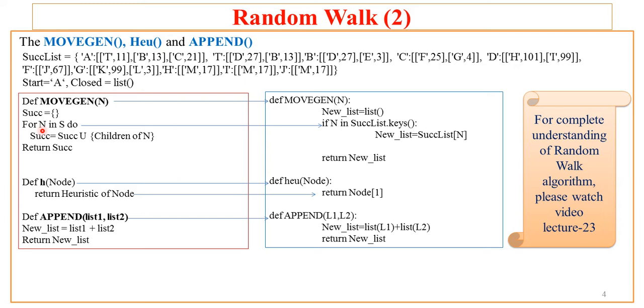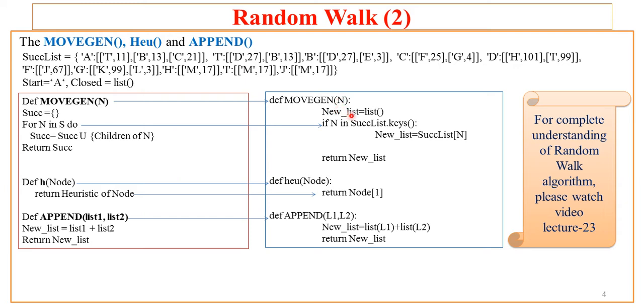It first searches the given node in the list of successor S, which is nothing but SUCC list in our case, which I already specified at the beginning. So here the children of n are extracted and placed in SUCC list, and this is returned. So this MoveGen is coded in Python in very simple way, that we have a MoveGen function, def MoveGen, which takes the node n.